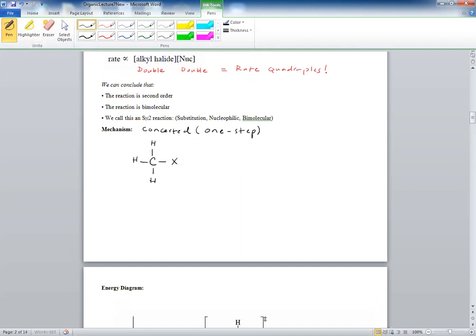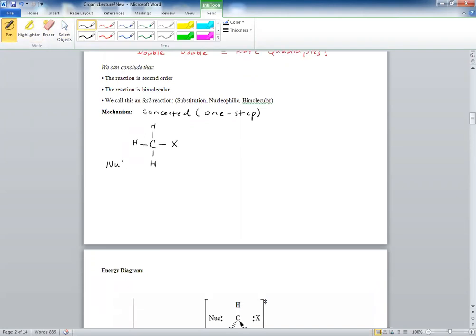What happens is that the nucleophile, and we have to show the nucleophile with its lone pairs, right there, attacks the electrophilic carbon, the one with delta plus, remember.